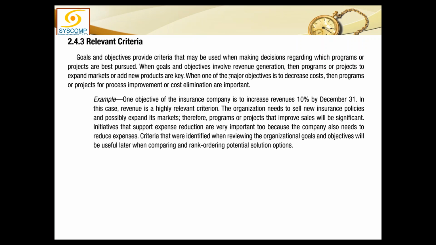When goals and objectives involve revenue generation, then programs and projects to expand markets or add new products are key. When one of the major objectives is to decrease cost, then programs or projects for process improvement or cost estimation are important. For example, one objective of the insurance company is to increase revenue 10% by September 31.